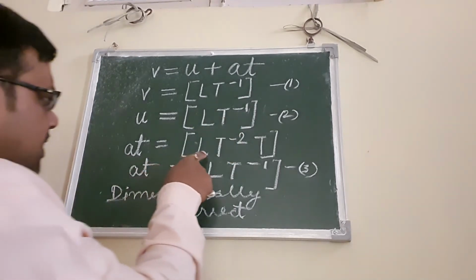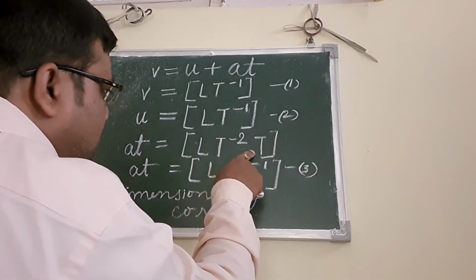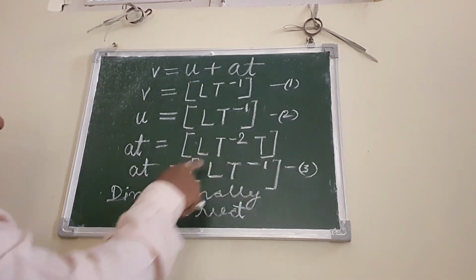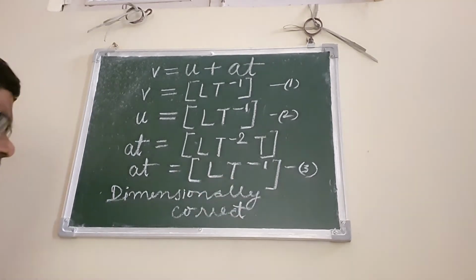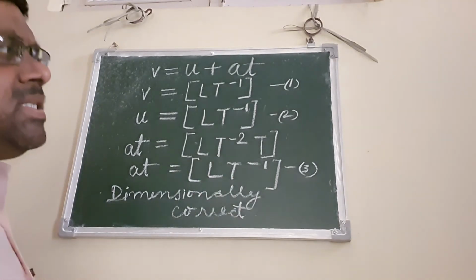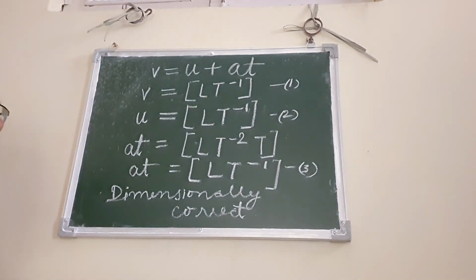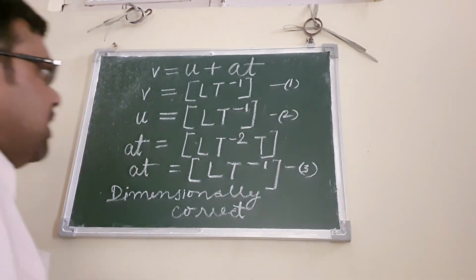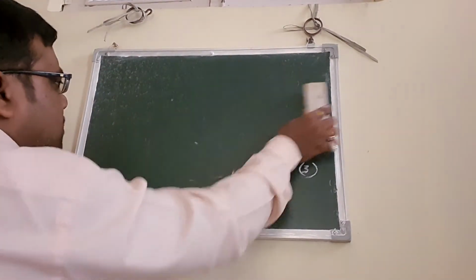A is acceleration, so it is L T raised to power minus 2. T is time, so into time. After simplification, it becomes L T raised to power minus 1. So from the first, second and third equations, we get that this equation is dimensionally correct.